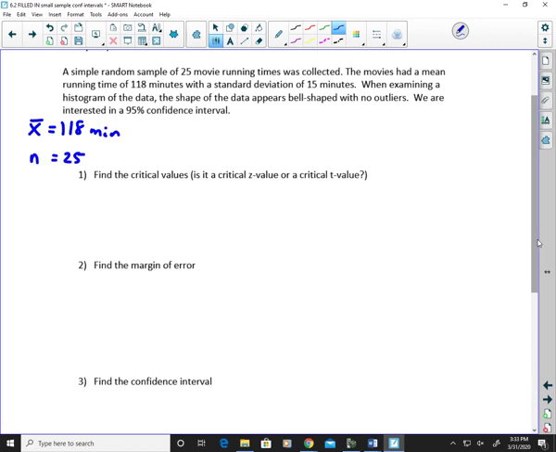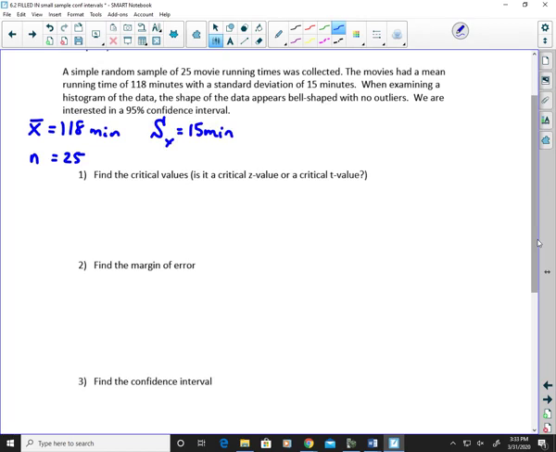So at this level, this textbook would agree that this is a T. You'll notice that for the homework I put an answer key so that you could check your answers, because the book won't always agree with what you get. So make sure you check your answers against my answer key. And the standard deviation was a sample value of 15 minutes.